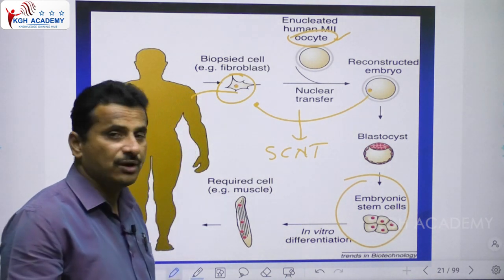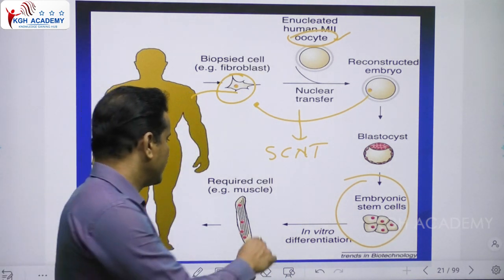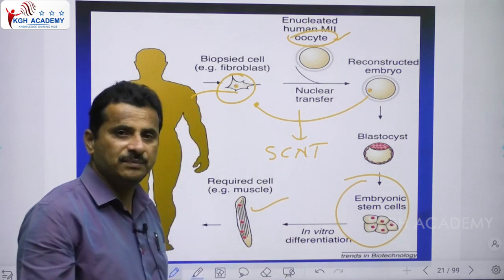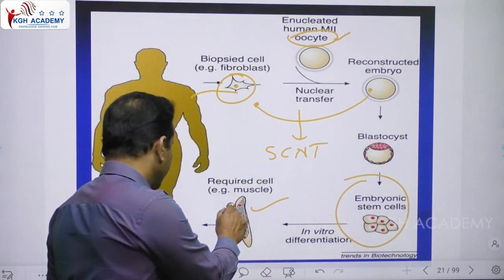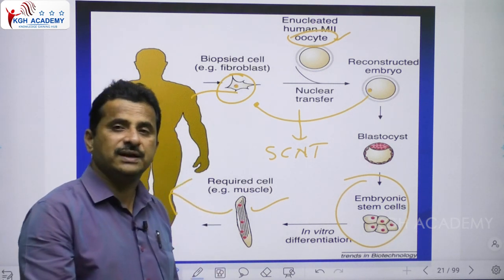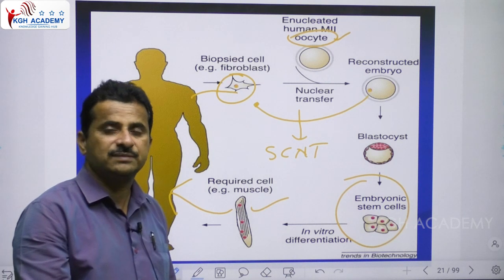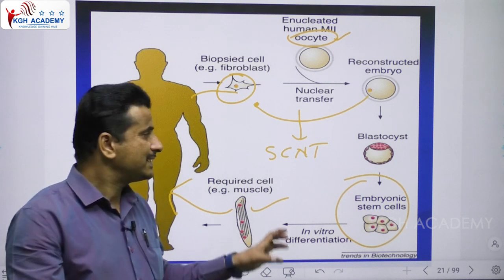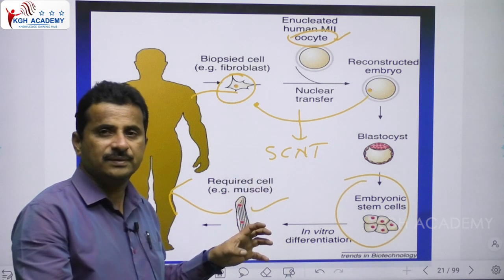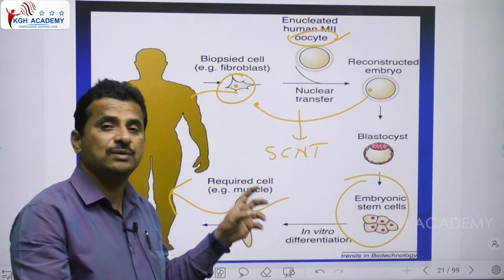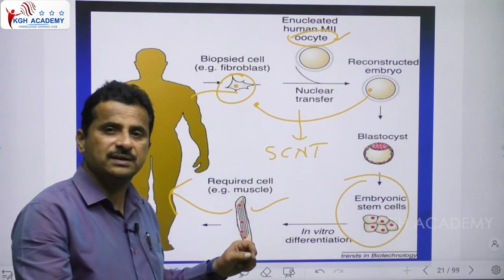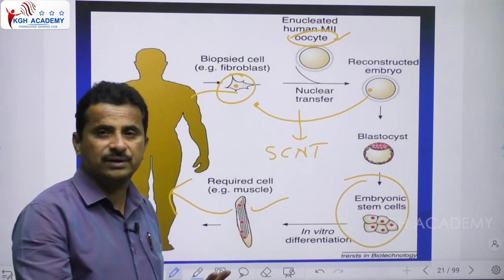And by using embryonic stem cells, we develop muscle cells or other types of cells, and again introduce them into a person's body to treat different types of diseases. So this way, the somatic cell nucleus transfer technique for therapy, or to isolate embryonic stem cells, is called therapeutic cloning.